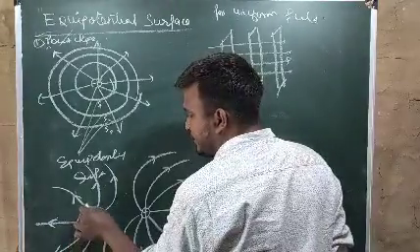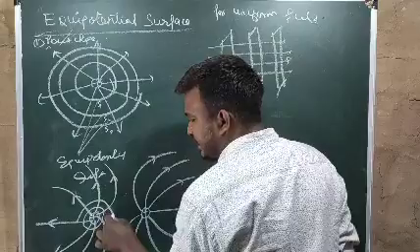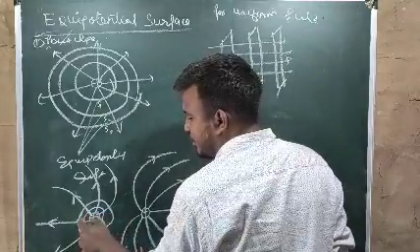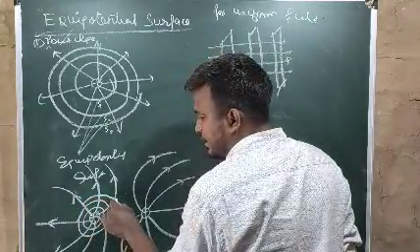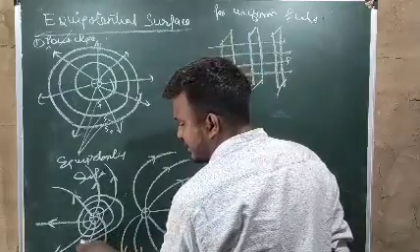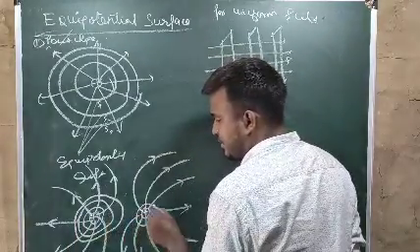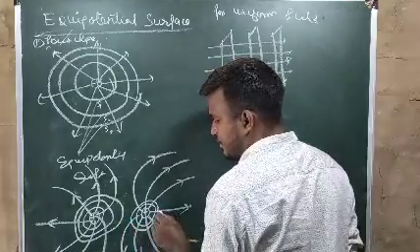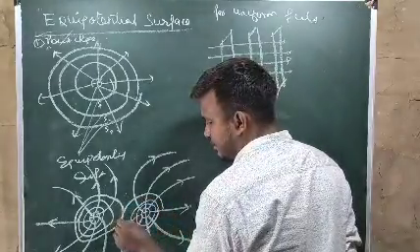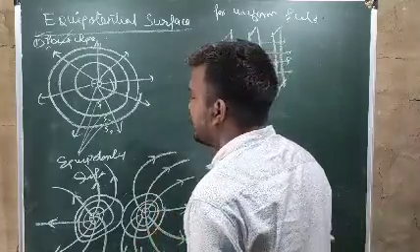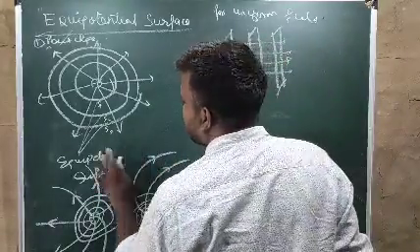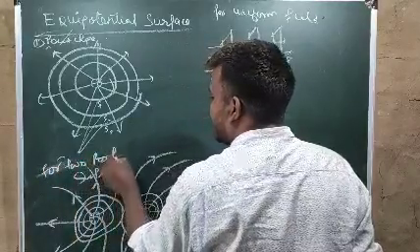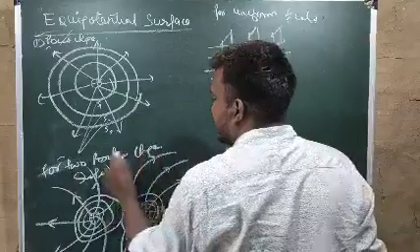But for the second one, you have to go a little bit like this, then only it will be perpendicular. So the concentration will be less here and more here, and less here. It will come like this. So this is the equipotential surface for two positive charges.